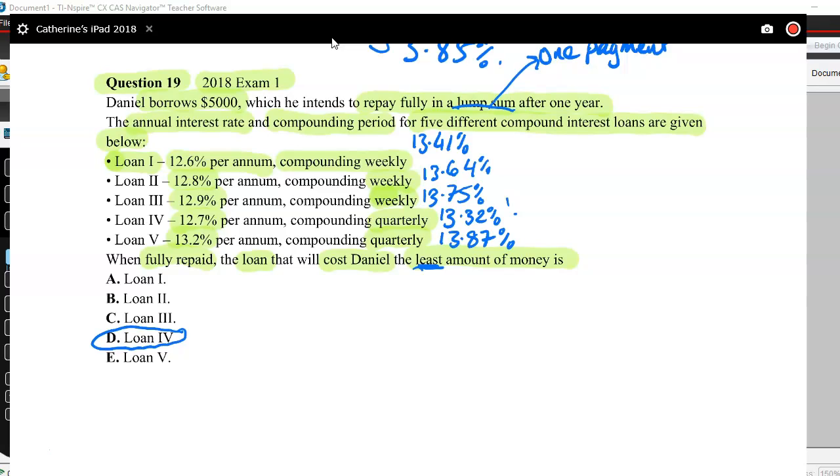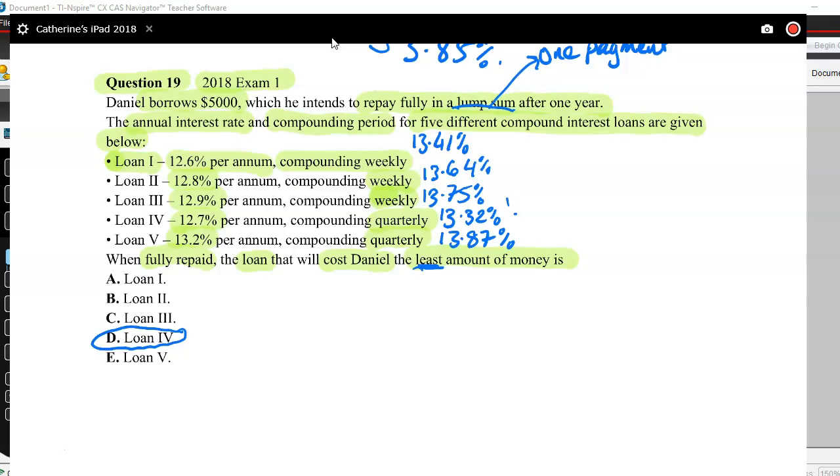So I'll read directly from the examiner's report here. This question required an understanding that both the interest rate and compounding period combination determine the overall cost of the loan. Students who selected option A seem to simply select the lowest interest rate without considering the compounding period.